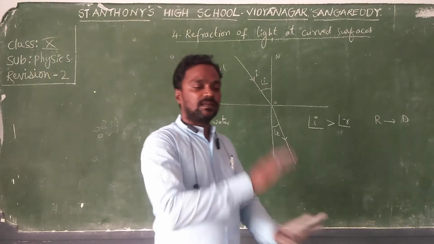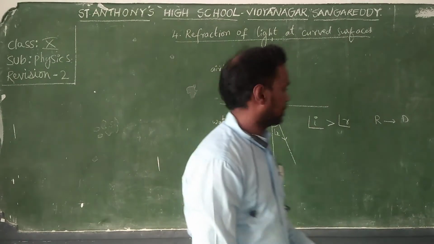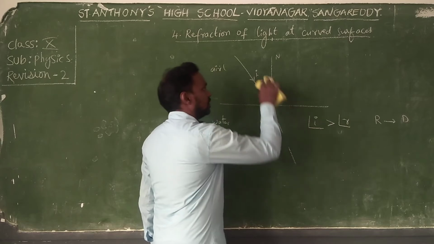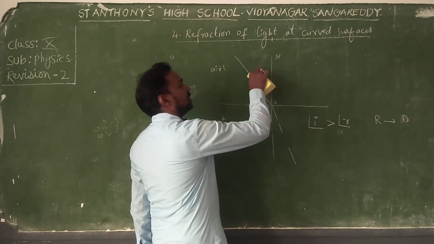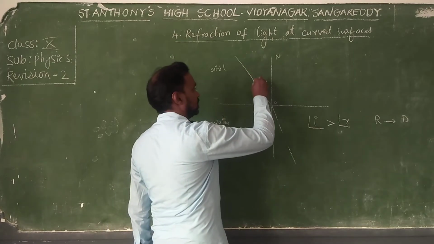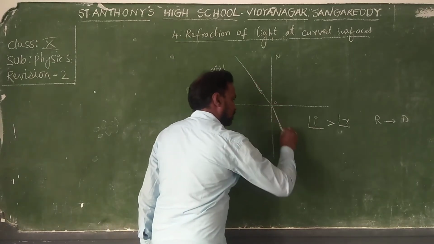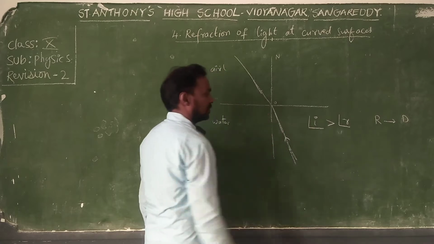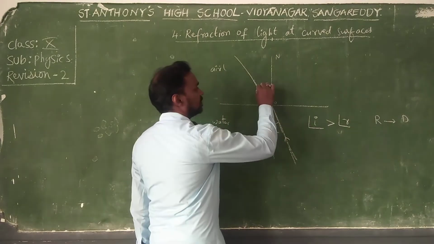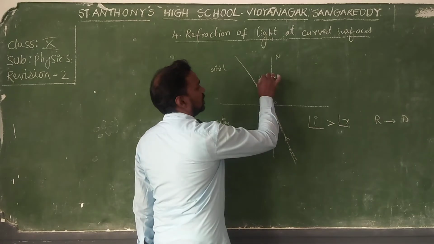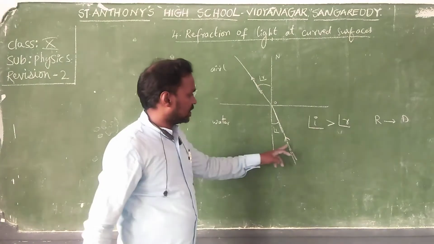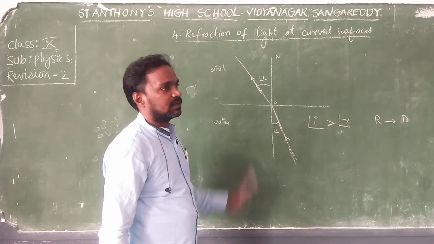The converse means the reverse, the opposite. Consider that the light is traveling from a denser medium to a rarer medium, again on a plane surface. The light comes like this. This is the angle of incidence, and this becomes the angle of refraction.